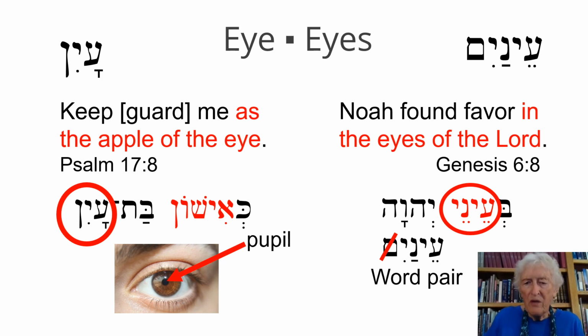When you put two nouns together, in English we say the eyes of the Lord. Eyes is a noun, Lord is a noun. But in Hebrew, the ending changes: instead of the im ending, it's an ei ending, and the sound changes. So I'm just pointing that out for those of you who are learning Hebrew.